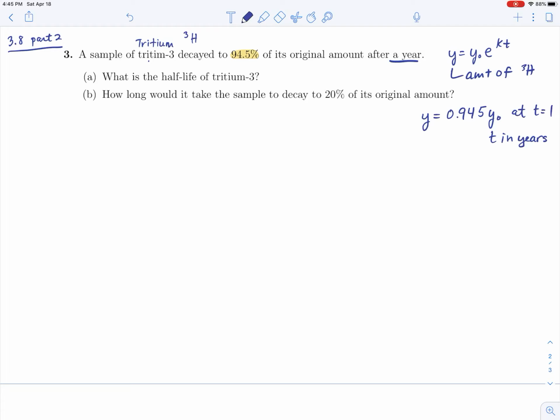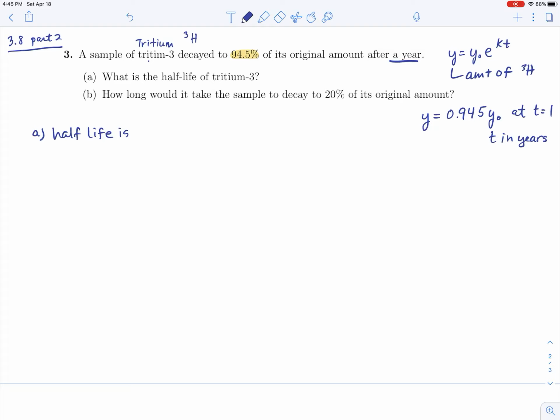Okay, so for part A, we're asked, what is the half-life? Half-life is the amount of time that it takes for the chemical or the compound, or in this case the ion, to decompose to where you only have half of the initial amount left.